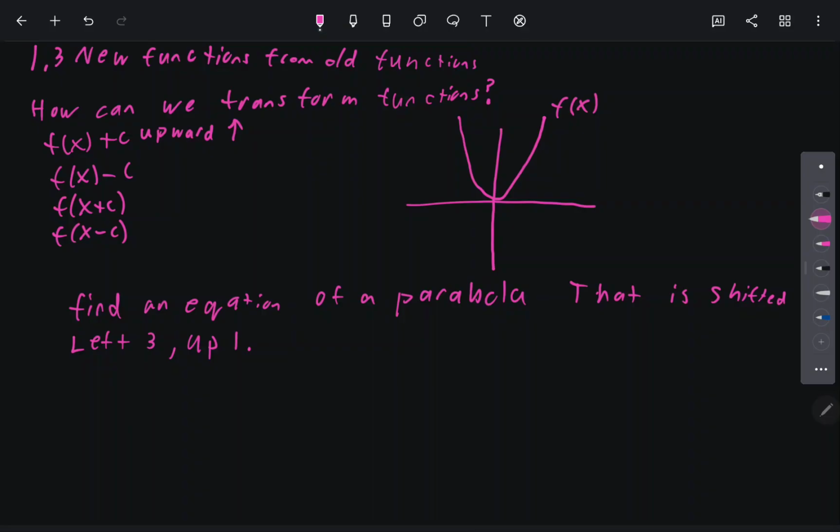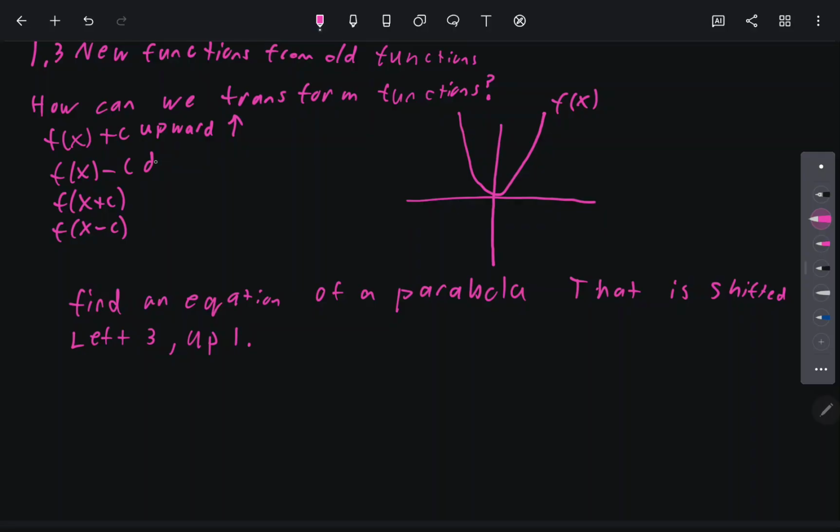Looking at f of x minus c, on the other hand, that's going to shift the graph downward by a distance c. So it's going to go downward. And I'm just going to draw a downwards arrow. Well, what happens if we have the c on the inside?